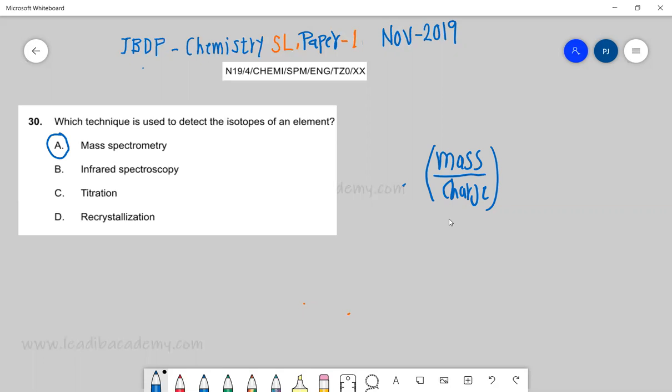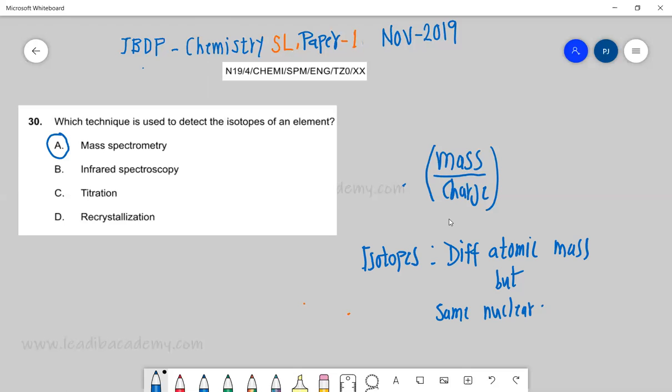In the case of isotopes, what are isotopes? Isotopes mean different atomic mass but the same charge, or the same nuclear charge.